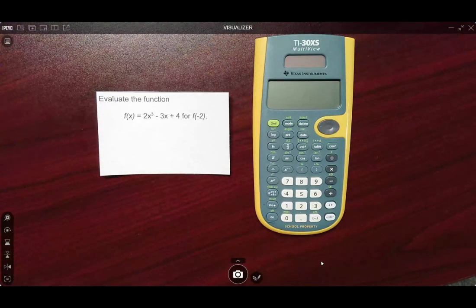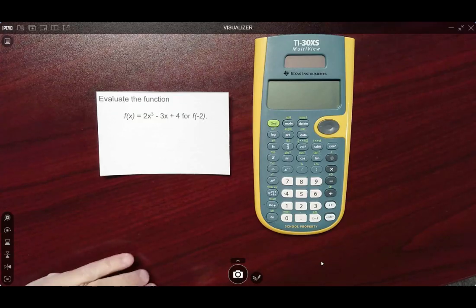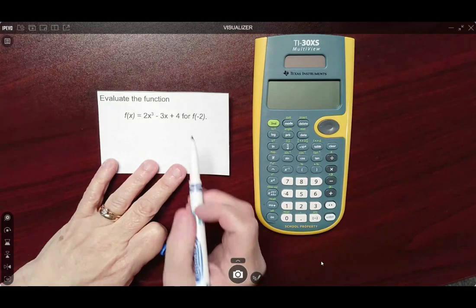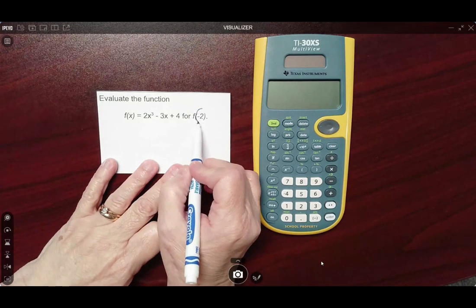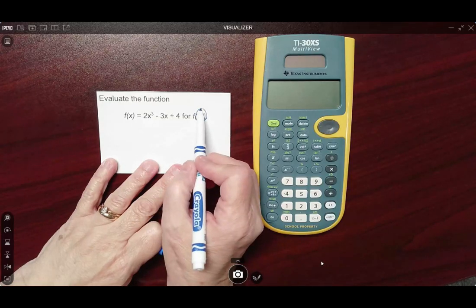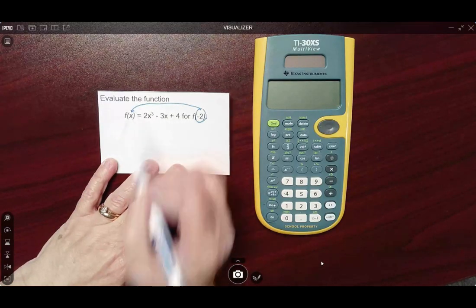f of x equals 2x cubed minus 3x plus 4 for f of -2. And so with function notation, what they want you to do is take this number that's in our parentheses and put it in for the x.